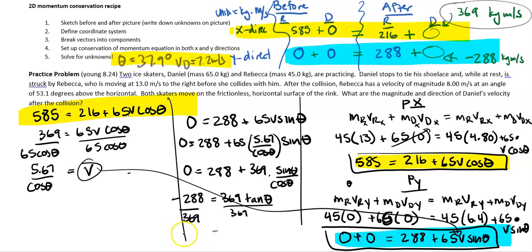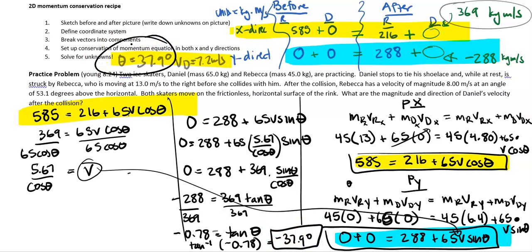Cool. And I get negative 0.78 equals tangent of theta. I want to solve for theta, so I'm going to use the inverse tangent. So tangent inverse of negative 0.78, and I get negative 37.9 degrees. Cool. Which is the same as what we got earlier, 37.9 degrees. And then negative there is just there to say it's below the horizontal.